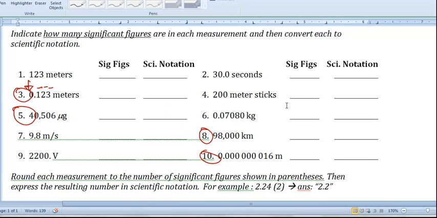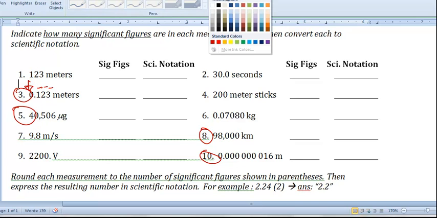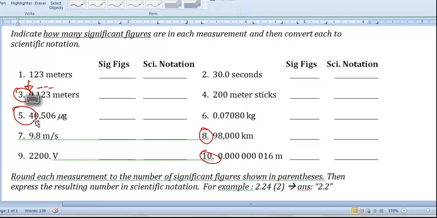All right, let's go to number 5. I think you can see that there are definitely 3 significant figures here, right? So there's this one, and this one. Those are obvious because they're non-zero.